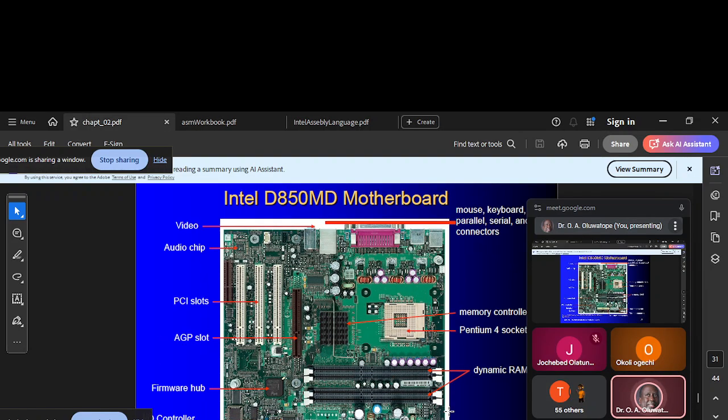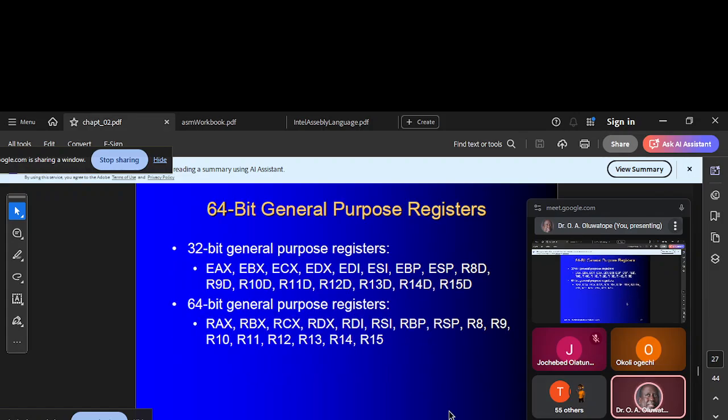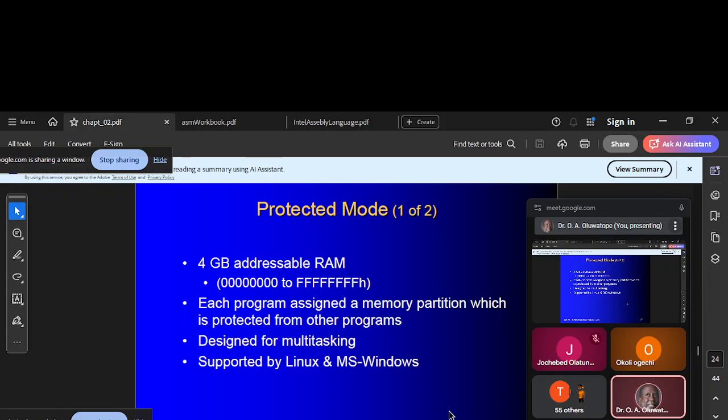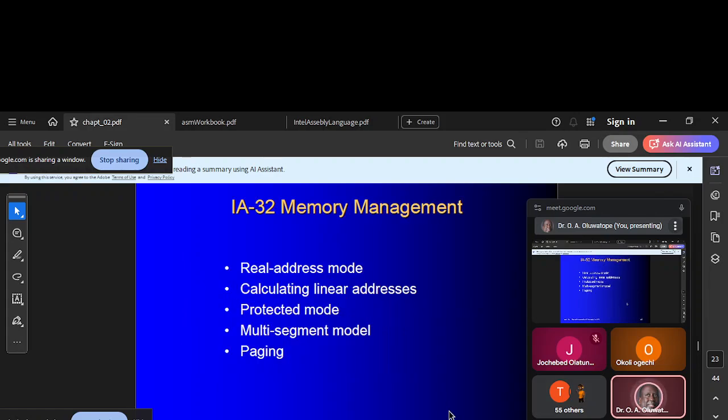Well, the operations modes basically refer to memory management. The very first mode is the real address mode, where the processor can address a maximum of 640 kilobytes with an extension to 1 megabyte, and that is known as linear addresses.